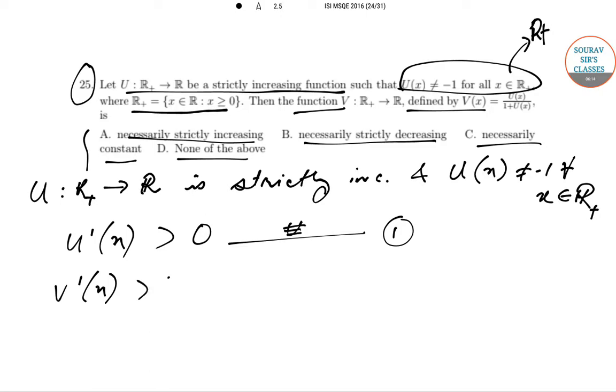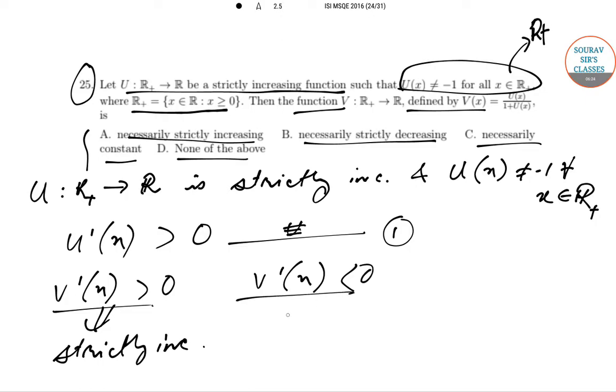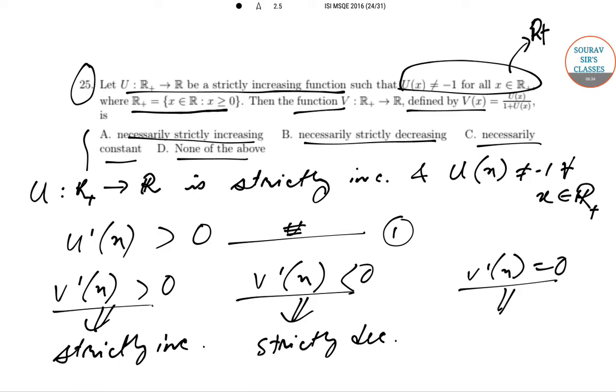Now if v dash x is greater than 0, that implies that it is strictly increasing. If v dash x is less than 0, that implies that it is strictly decreasing. If v dash x is equal to 0, that implies that it is constant. So basically we need to find out the value of v dash x.